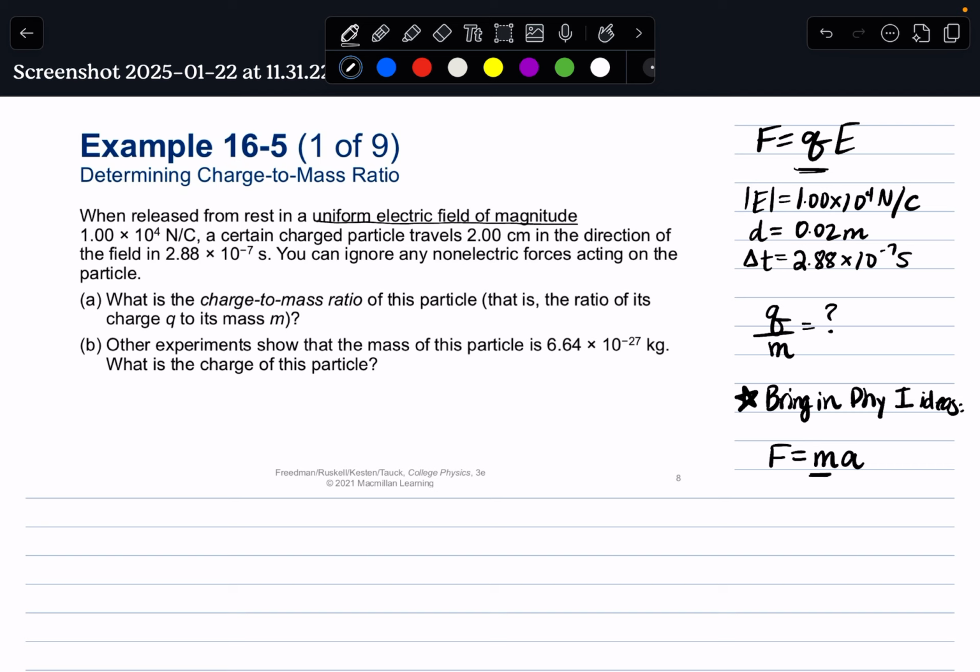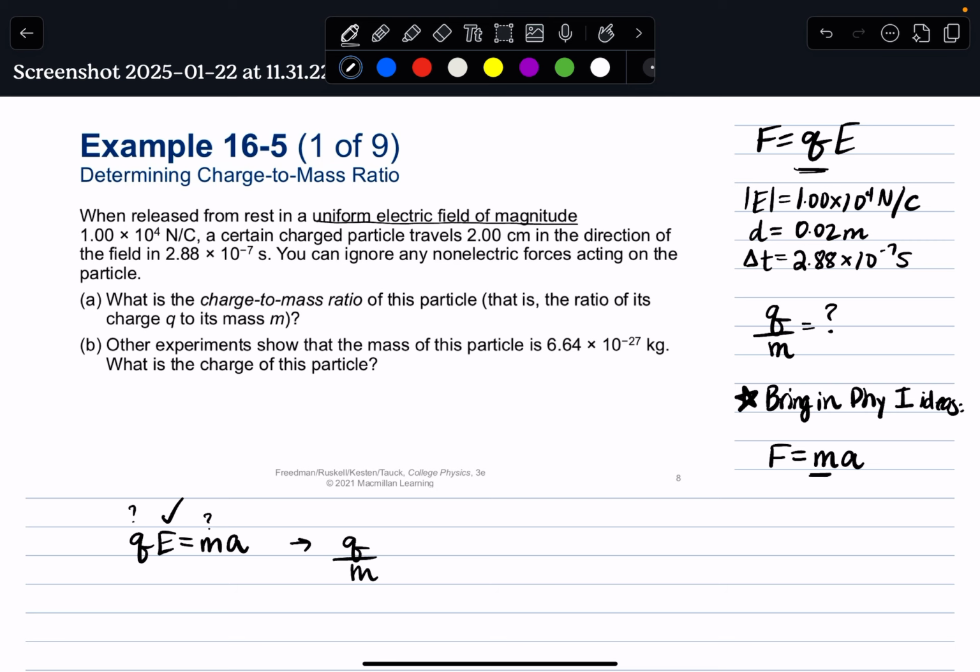Basically we have QE equals ma, where a is the acceleration of that particle. Are we given the acceleration of the particle? We're given this, we're looking for this. Let's rearrange it.